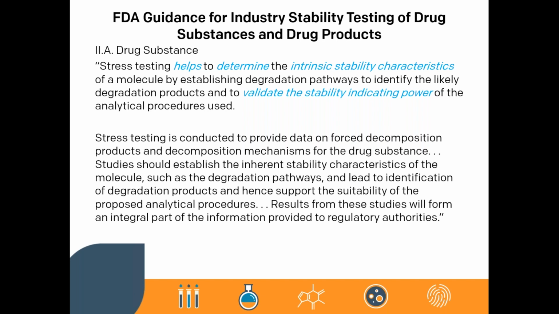And I wanted to say that stress testing helps to determine the intrinsic stability characteristics. And often I'm asked that question, why do that acid, base, or heat, or peroxide? Not only for developing and validating your HPLC stability indicating method, but you want to know the intrinsic pathways that might be potential degradation.